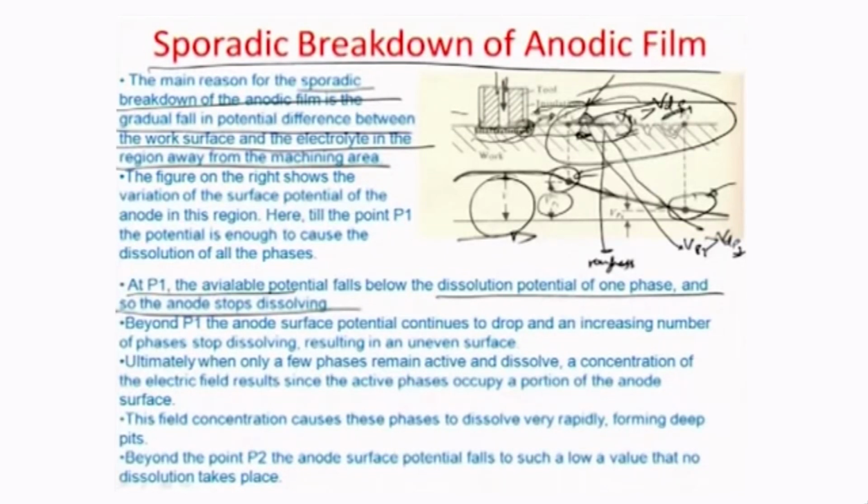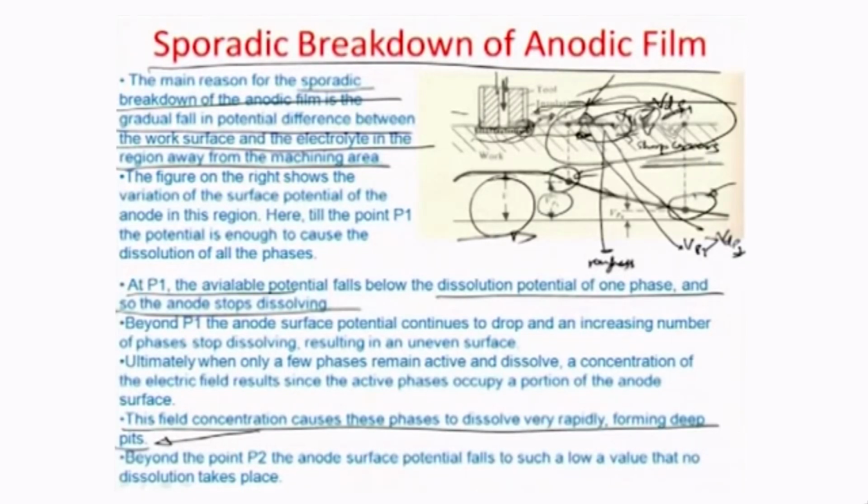Obviously, if there are corners and bends which are represented by the selective removal of one of the phases, these corners would further lead to the coiling and the curling of the fields, and so the line density at these points would increase tremendously, and because of that there would be more dissolution because of increased line density. So, the field concentration causes the phases to dissolve very rapidly, further because of selective dissolution and formation of these sharp corners.